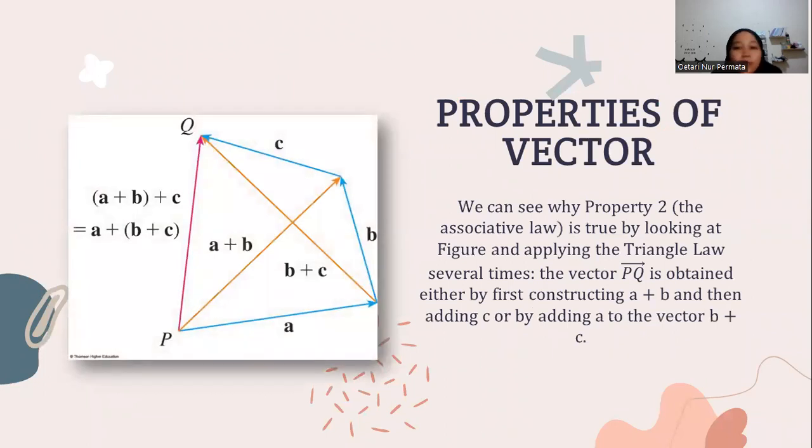We can see why property 2, the associative law, is true by looking at the figure and applying the triangle law several times. The vector PS is obtained either by first constructing a plus b and then adding c, or by adding to the vector a the vector b plus c.